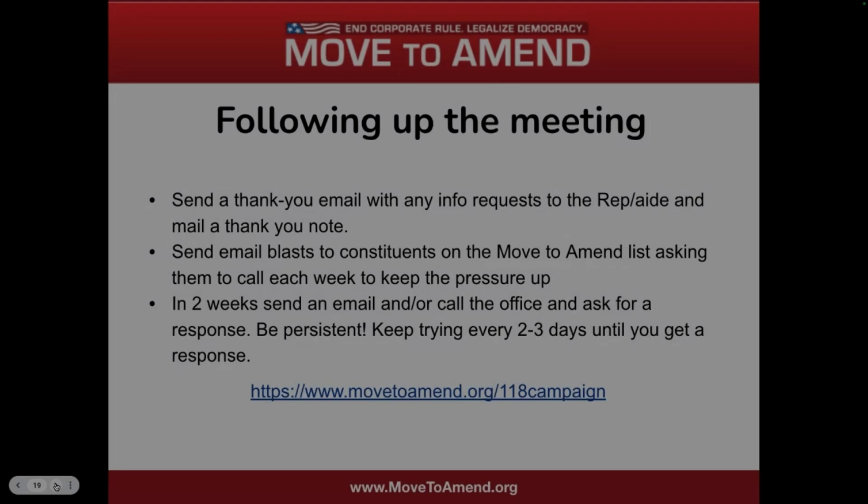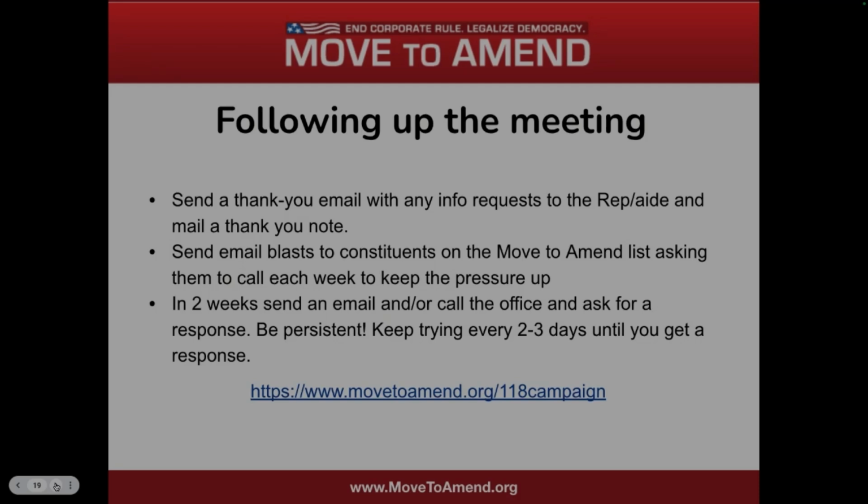But it's important in these emails to thank them for their time, and to restate, we want you to come on as a co-sponsor. Here's why. Here's all the materials. All of this stuff is going to be on our website. And beyond that, if you're interested in getting your representative on, all of our staff is going to be happy to help out. I know I certainly will be.